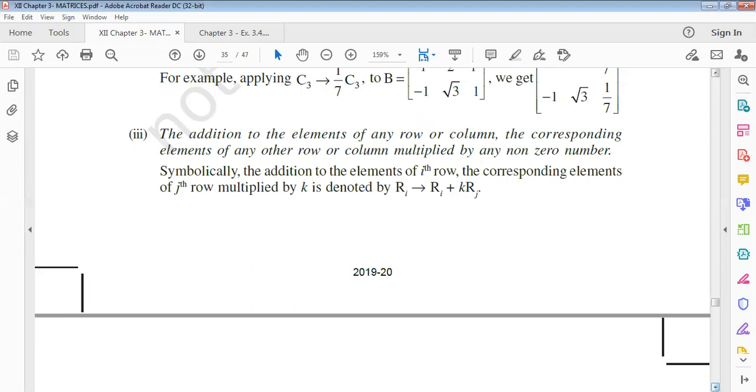That means we are taking the ith row, adding the jth row multiplied by the element k. This will give the transformation or elementary result.